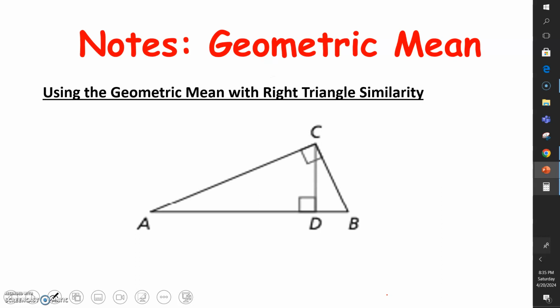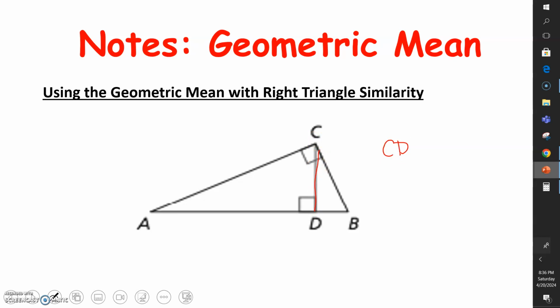All right, let's see if we can connect that idea to what we've been learning so far about right triangle similarity. In this right triangle, we learned last week, we could see 3 triangles within one picture. Now in this triangle, we can compare this small triangle with this medium triangle. On the small triangle, CD is the long leg.